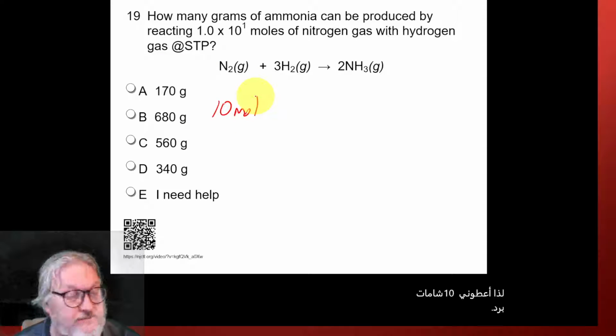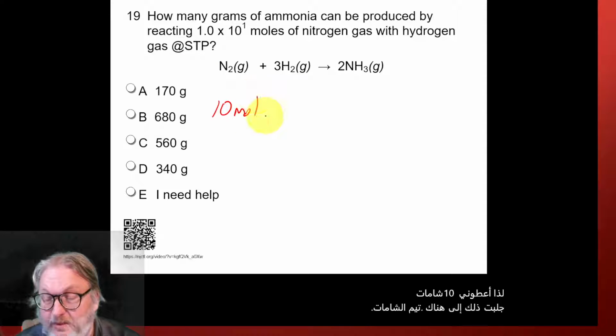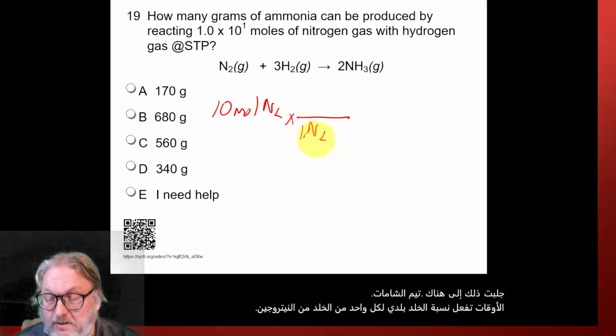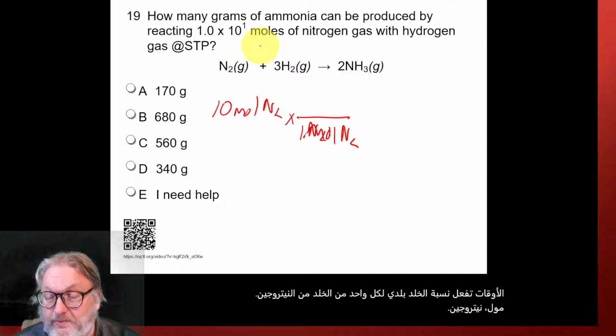Write that down there. 10 moles times, of what? Nitrogen. Times, now I just do my mole ratio: for every 1 mole of nitrogen, I'm going to produce 2 moles of ammonia.